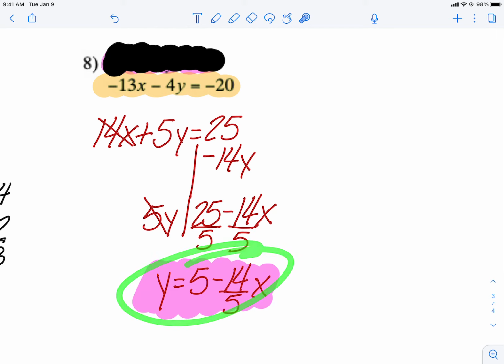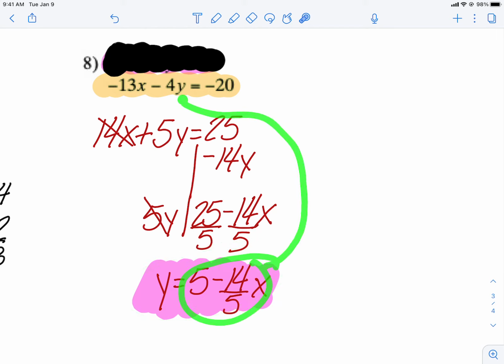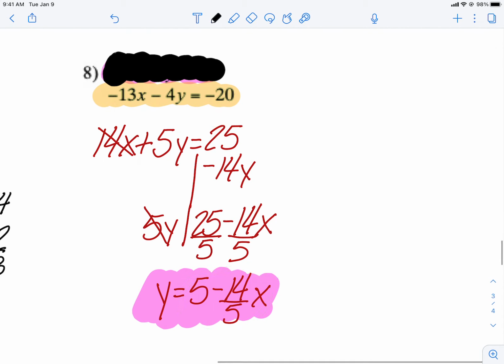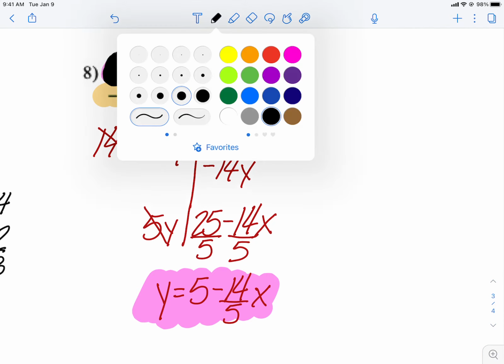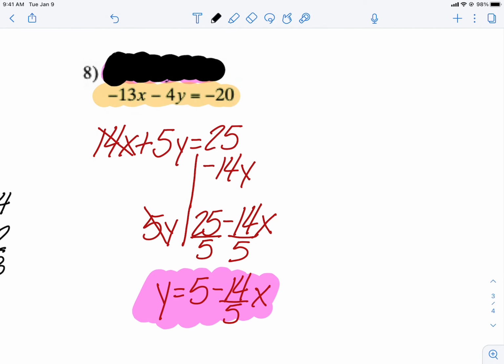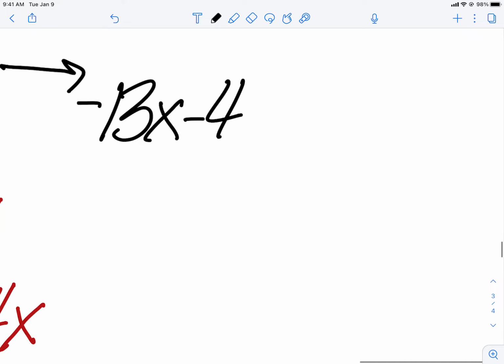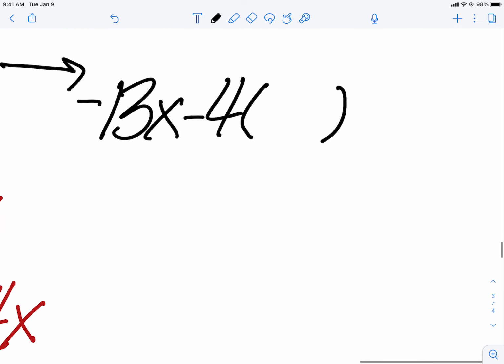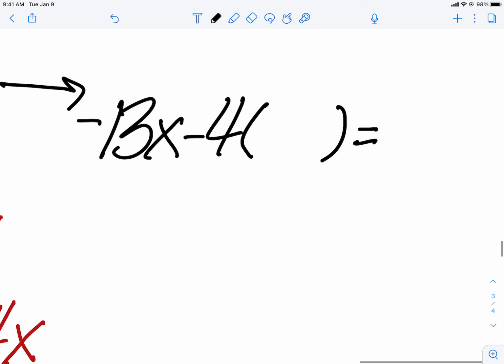Look at that. And this dude is going to go right in there because it's y equals. Right? It's y equals. So let me write this dude over. Negative 13x minus 4 parentheses, right? Long parentheses equals what? Negative 20.